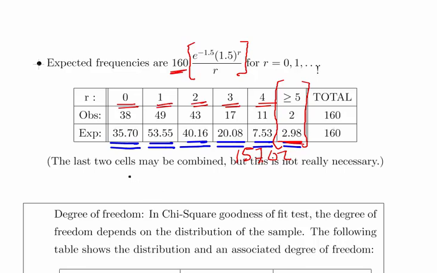The sum of 35.7 all the way up to 5.73 should add up to 157.02, which means there must be 2.98 expected for greater than or equal to 5. That adds up to 160.